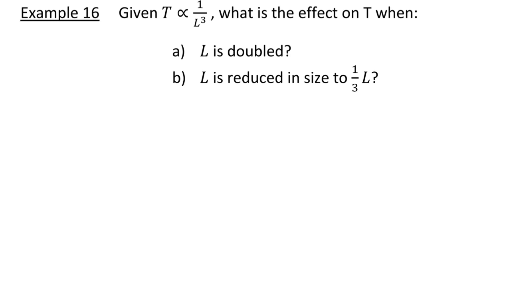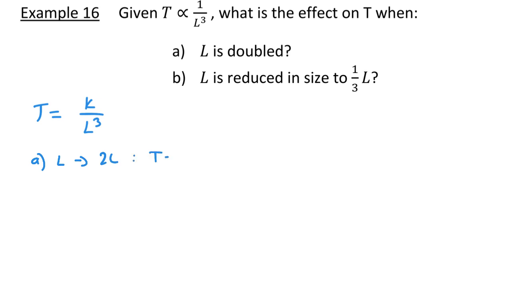Example 16, so given that t is proportional to 1 over L cubed, remember that's another way of saying that it's inversely proportional to L cubed. So what we're going to have is that t equals k over L cubed. So we replace the proportional symbol with equals and k. So if we double L, we're going to replace it with 2L.